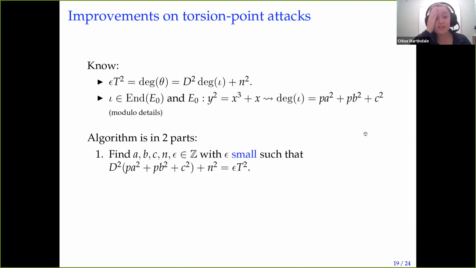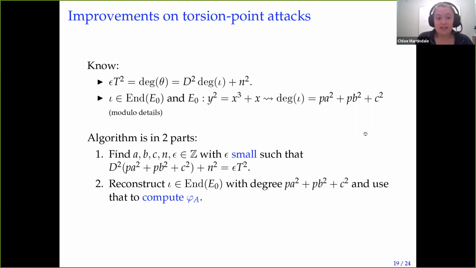The algorithm's in two parts. So there is a pre-computation, which is finding A, B, C, and n and epsilon in Z, with epsilon as small as possible, such that this equation is satisfied: d squared times the degree of iota plus n squared is epsilon t squared.